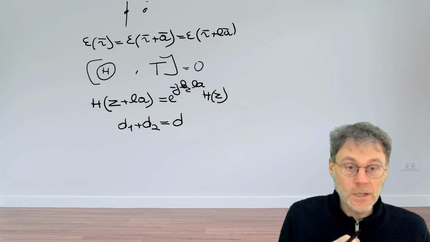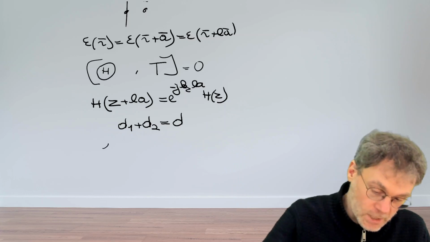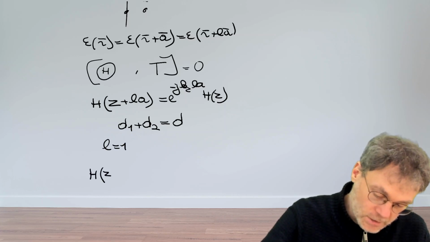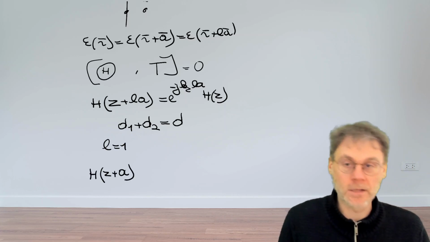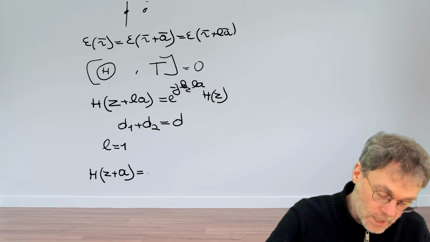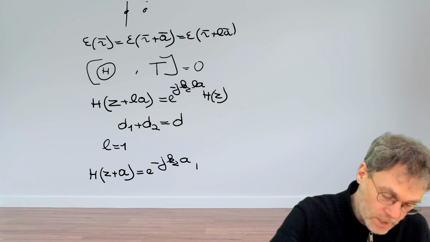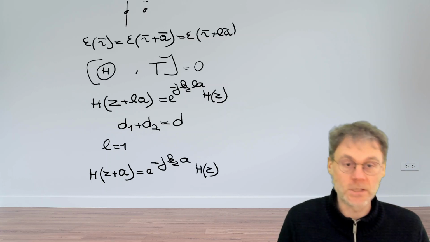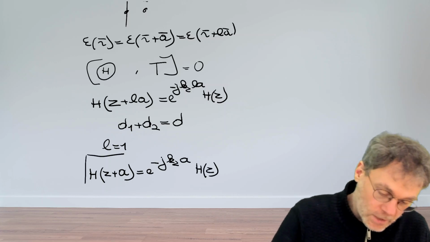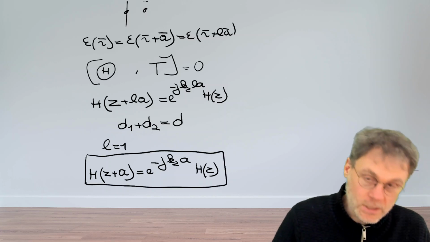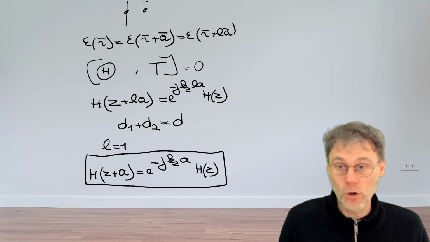So now we can do a very simple manipulation. We can just say that L is equal to 1, and then we end up with saying that the field at position z plus a is just exponential minus j kz a h of z. And that's a very interesting and famous theorem. This is actually the first form of Bloch's theorem.